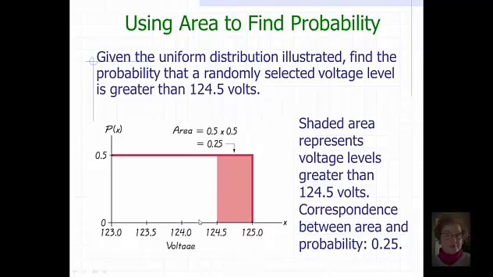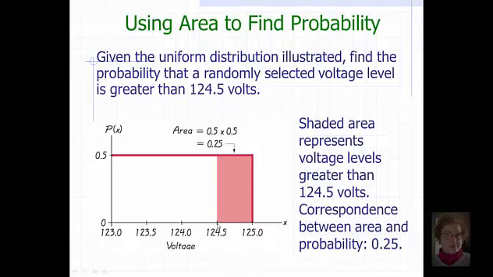So we're going to find the area. Since the width of our rectangle is 2 volts, then the height has to be 0.5, because remember, the area under the curve is always going to be 1.